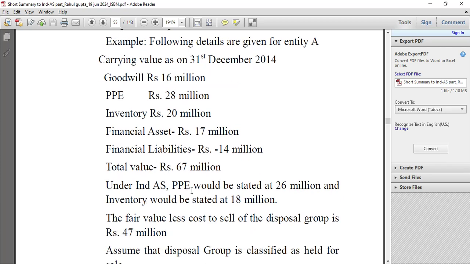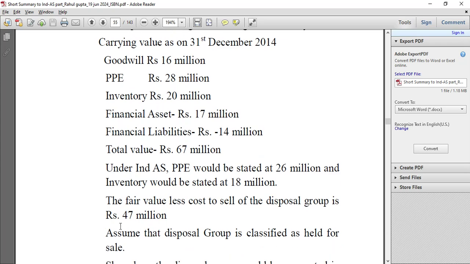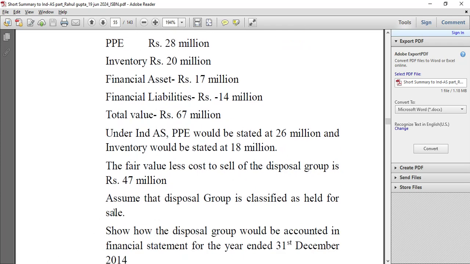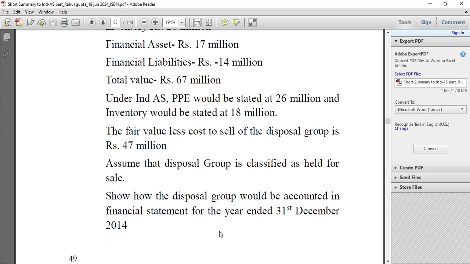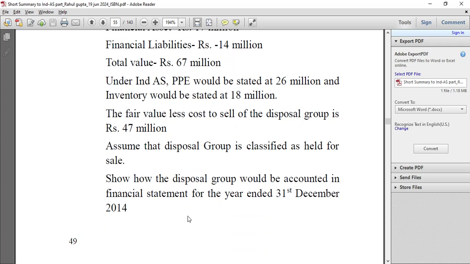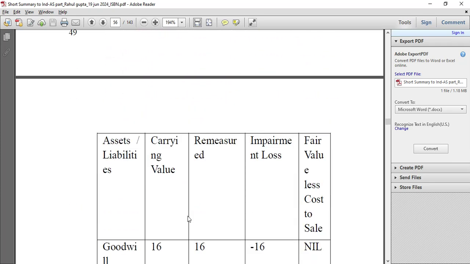Under Ind AS, PPE would be stated at 26 million and the inventory would be stated at 18 million. The fair value less cost to sell of the disposal group is 47 million. Assume the disposal group is classified as held for sale. Show how the disposal group would be accounted in the financial statements for the year ended 31st December 2014.